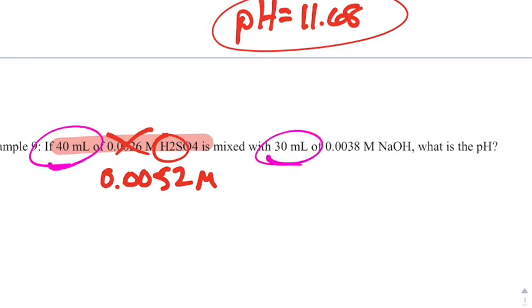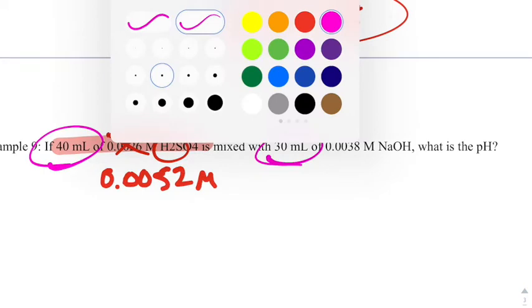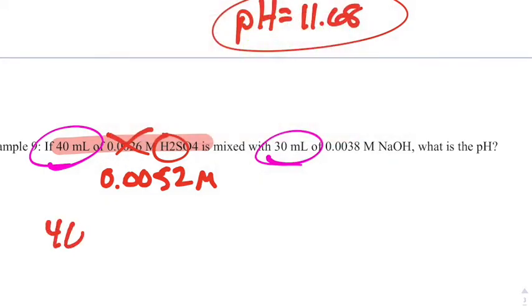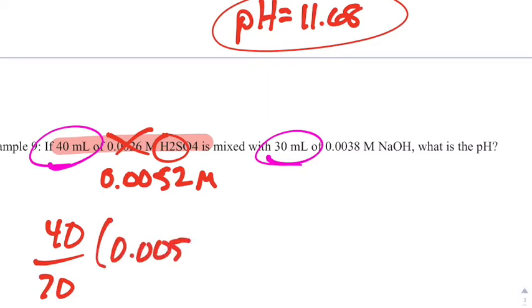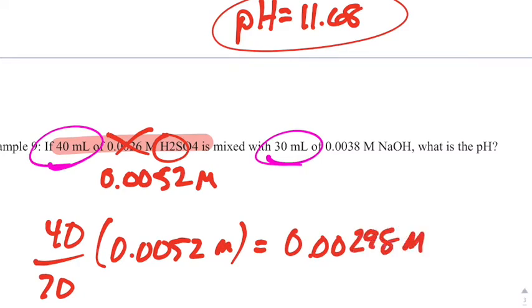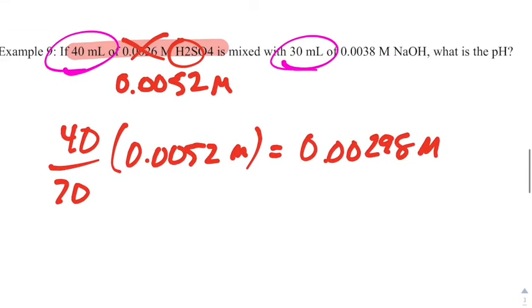I have 40 and I have 30, so my total is going to be 70. So far as my acid is concerned, I've got 40/70ths, and the 40/70ths is going to go with the 0.0052 molarity. So I am going to end up with 0.00298 molarity of the acid.